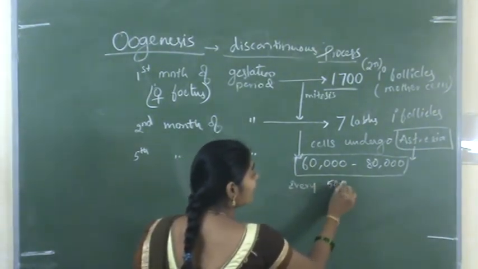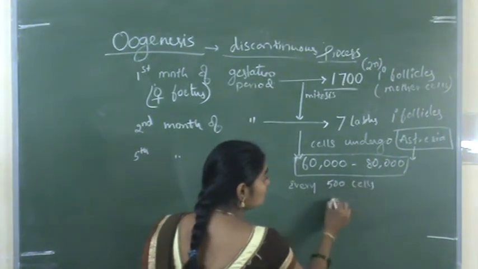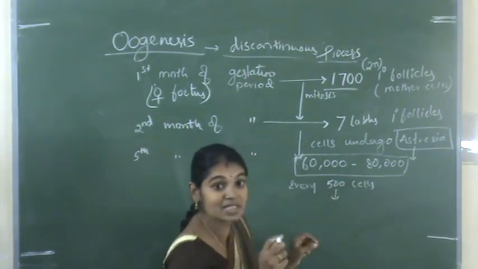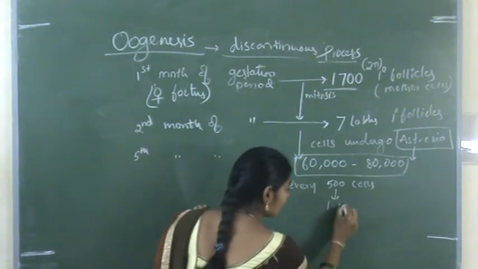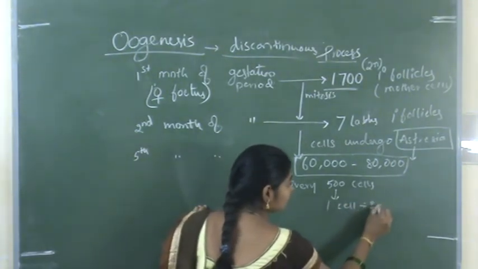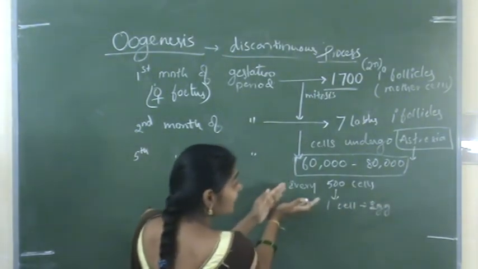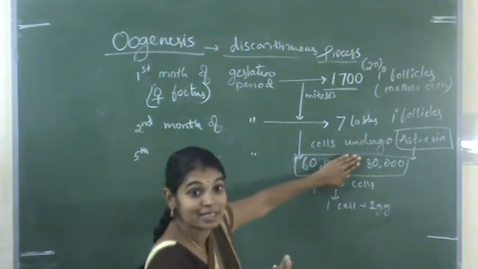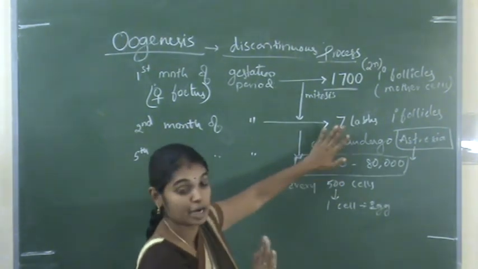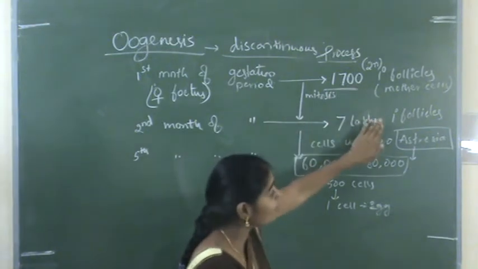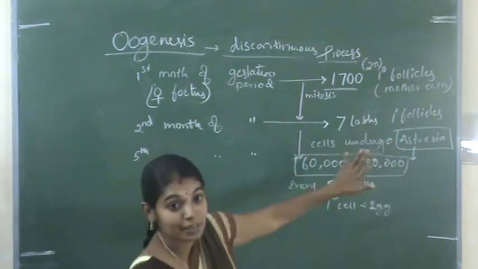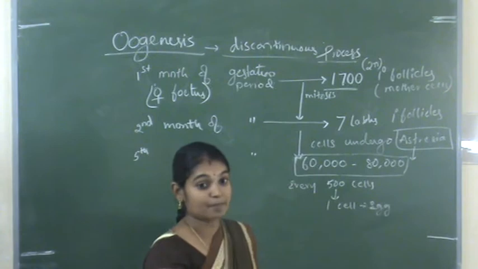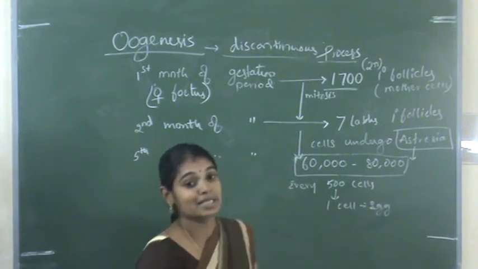In every 500 cells, only one cell develops into an egg. So up to this is at birth. That means only multiplication takes place in the follicles, that is in the mother cells.